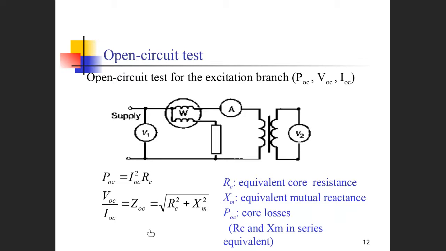And then the input voltage over the input current gives the input impedance, which is dominated, not exactly, by the excitation branch impedance in series. So here is the series equivalent referred to primary. Series equivalent referred to the low voltage side, this side.